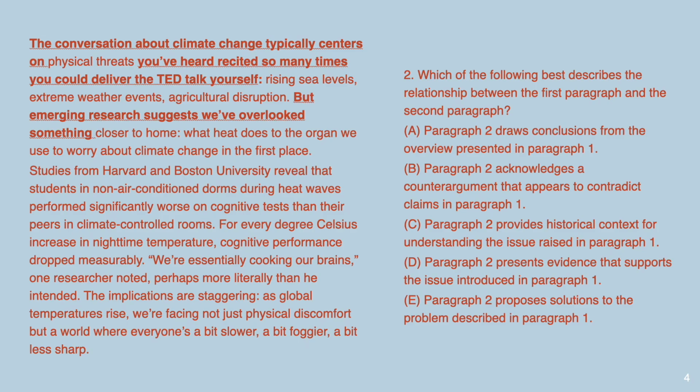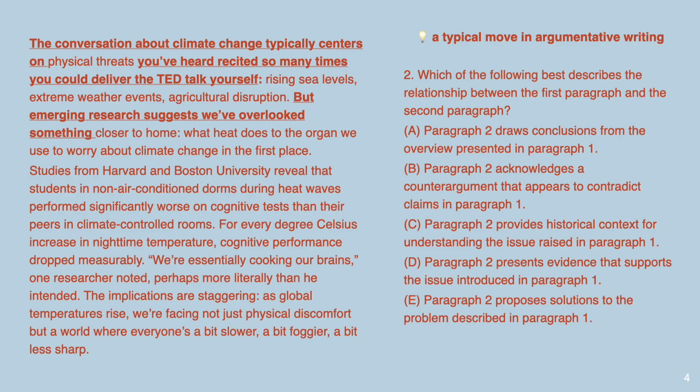Great. Warm-up question number 2. Which of the following best describes the relationship between the first and the second paragraph? Paragraphs 1 and 2 follow a typical move in argumentative writing.